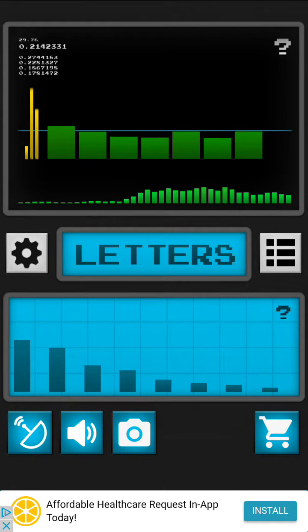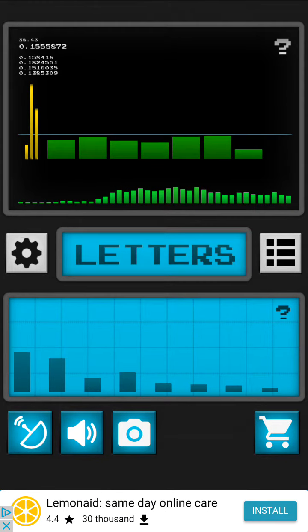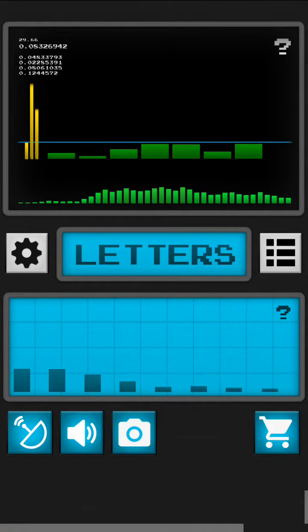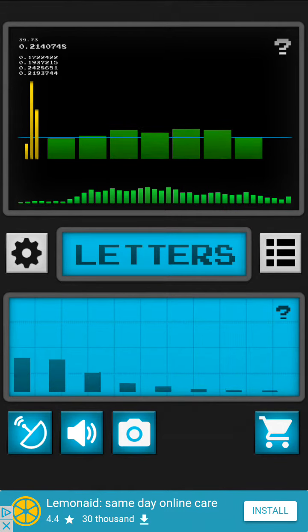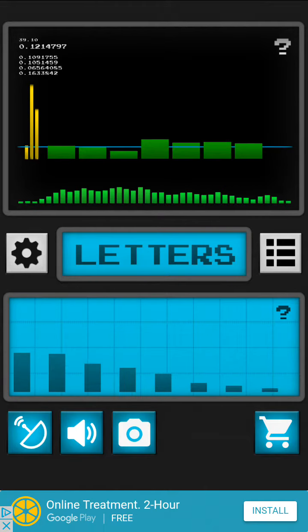Letters. Well, that is definitely an interesting start-off point. I'm not actually sure what they're referencing with the letters.